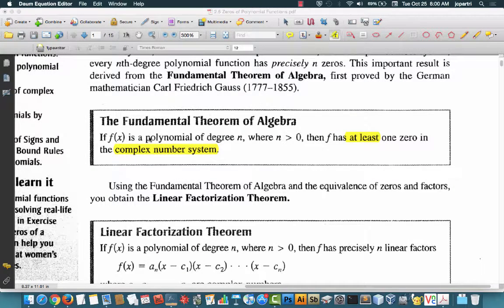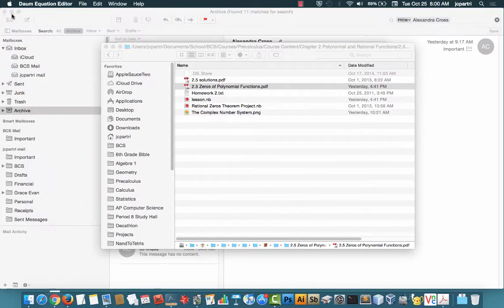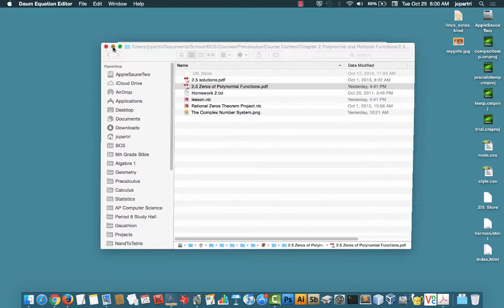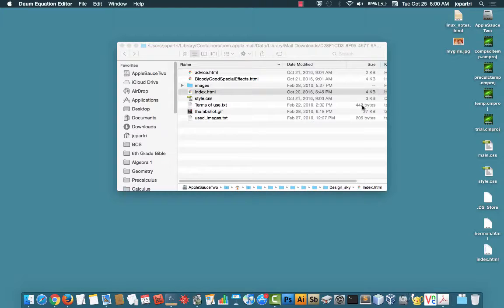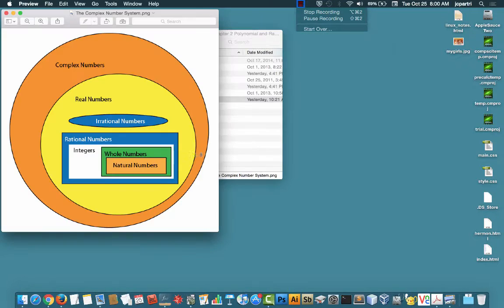But let's look again at what it says. It says that f has at least one zero in the complex number system. So it's not that it's going to be a complex number, but that it's going to be something that's in the complex number system. Here's a graph of the complex number system, and notice that the real numbers themselves are inside of the complex number system.